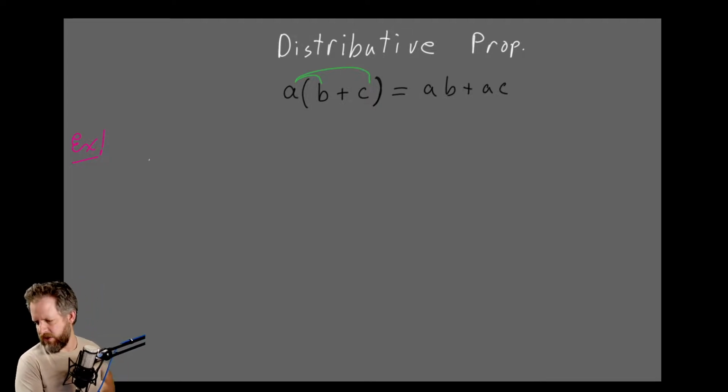So let's do an example. Here we go. If we have 3 times 2 plus 5, we're going to do this two different ways. We're going to do this the regular order of operations way, and then we're also going to do it the distributive property way.